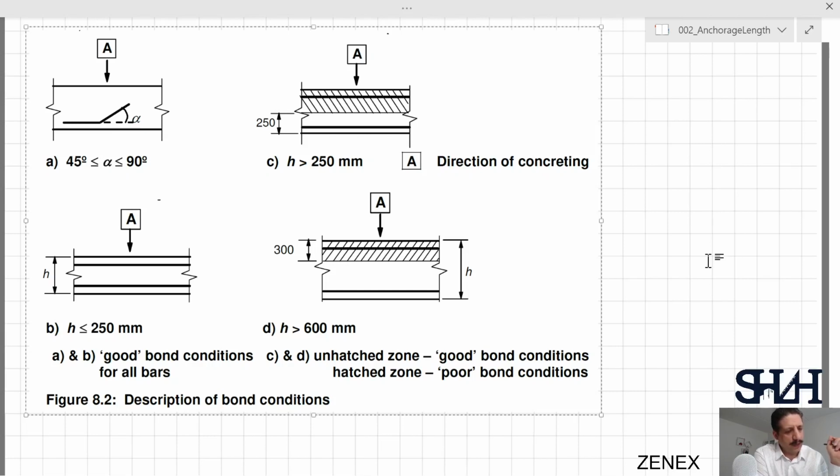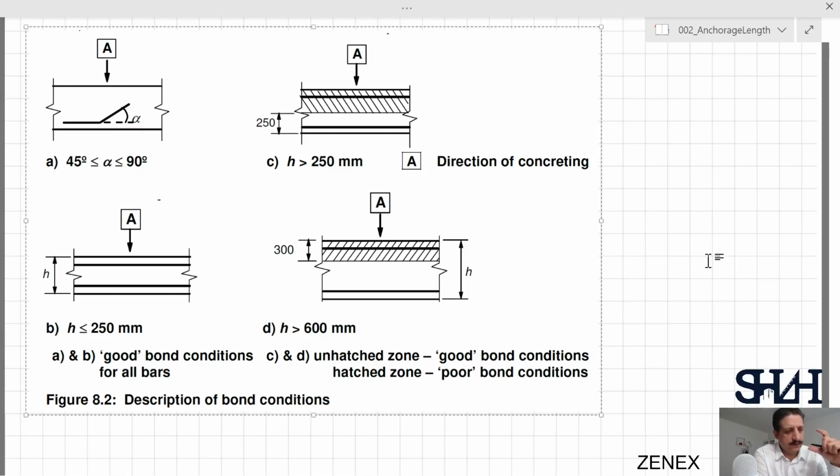So if we have a bent bar, then it's always good condition. As we can see, A and B, good bond conditions for all bars. So if we start to bend, then it's always good condition.